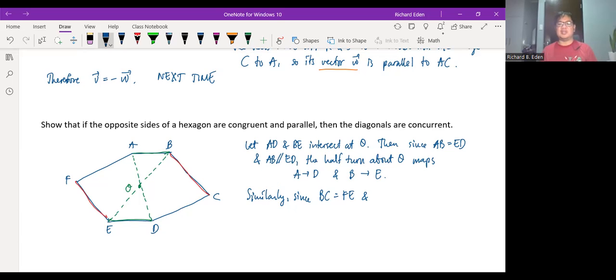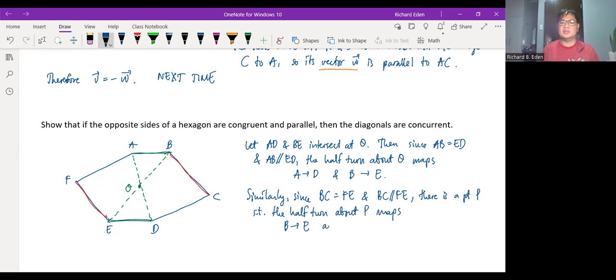Similarly, since BC equals FE and BC is parallel to FE, there is a point P such that the half turn about P maps B to E and C to F. However, for any even-sided polygon, this works.